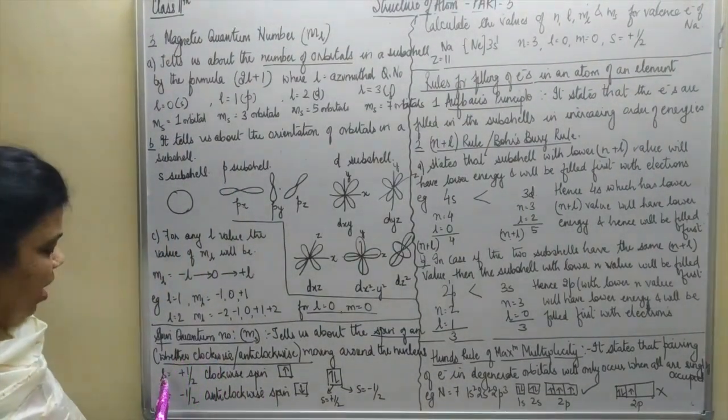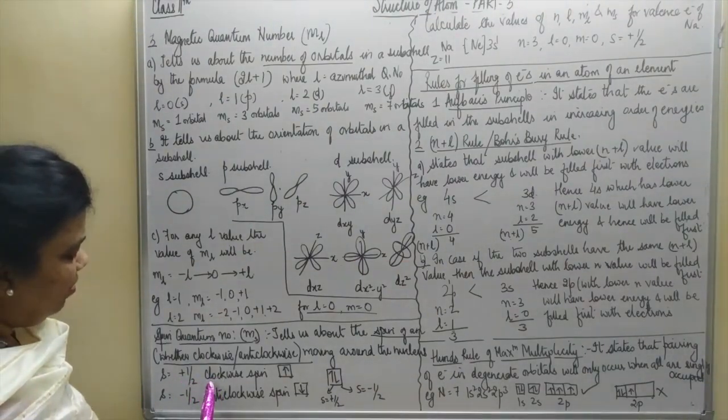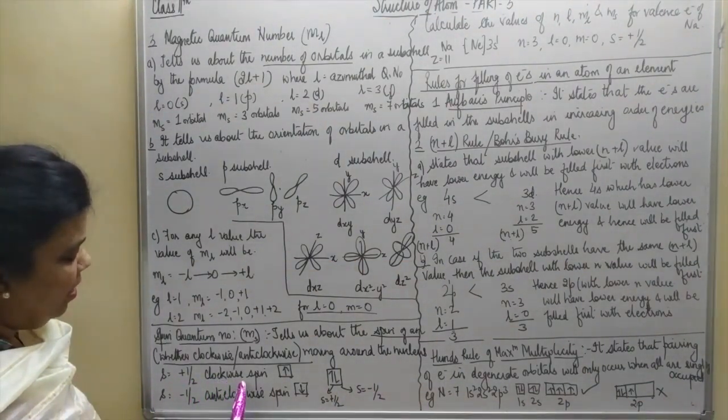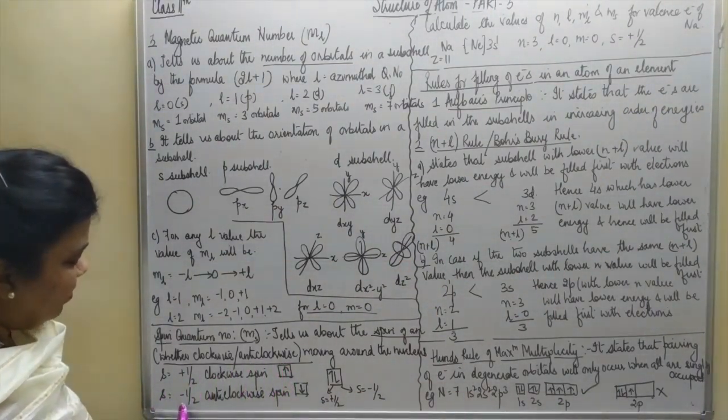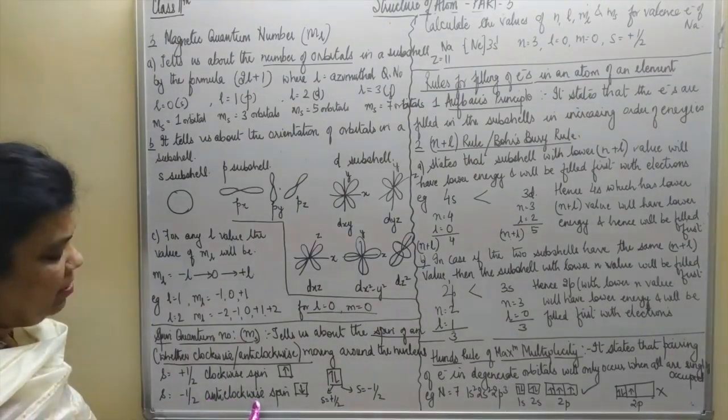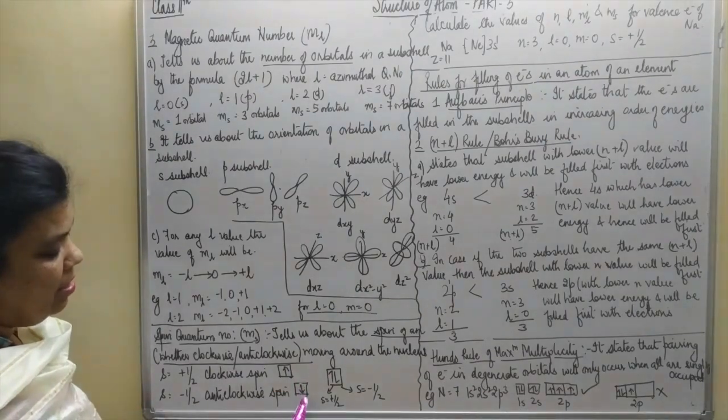If s is plus half, then the electron is spinning in clockwise direction and it will be drawn like this, an upward spin in an orbital. If s is minus half, the electron will be spinning in the anti-clockwise direction and it will be drawn like this, a downward spin in the orbital.